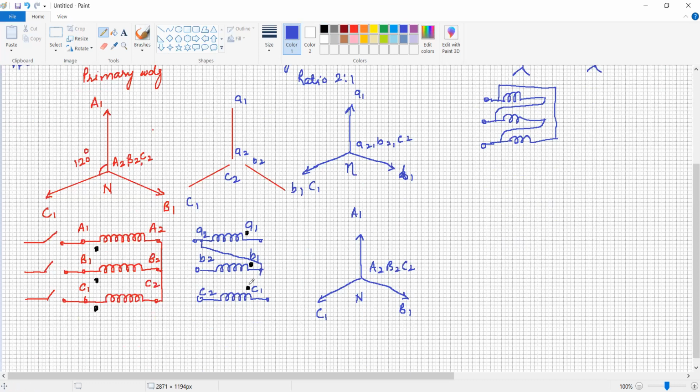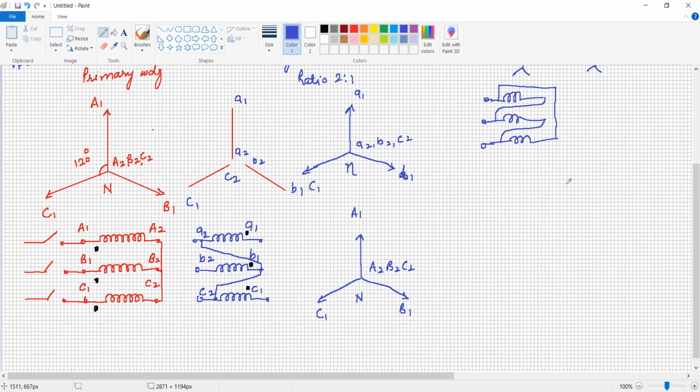And B1 is connected to C2. But it looks like a star one. This is A2, this one terminal, this is second terminal, this is third terminal. They are joined together. And this terminal A1, B2, and C1, if it is connected to the load by a diagram, it looks like a star connection.